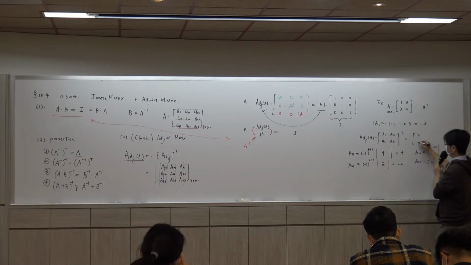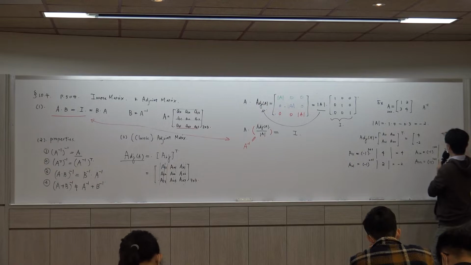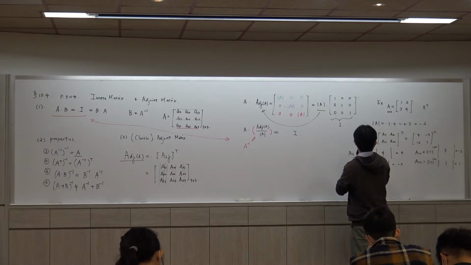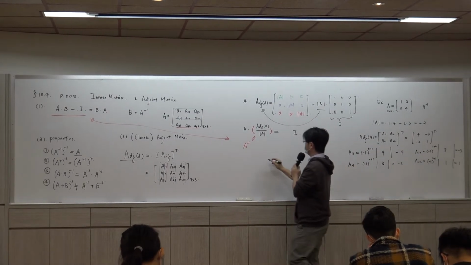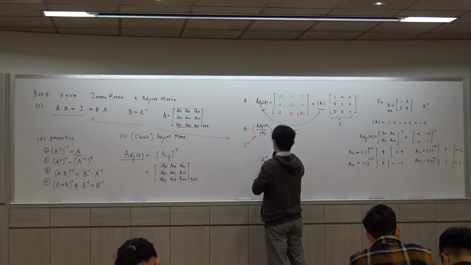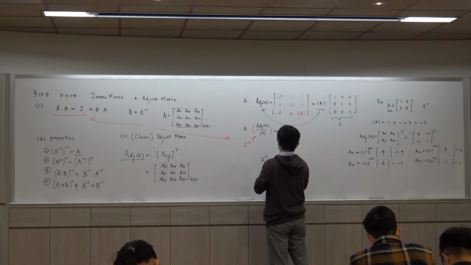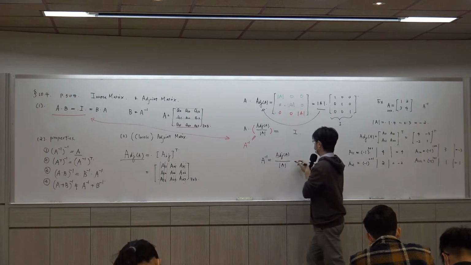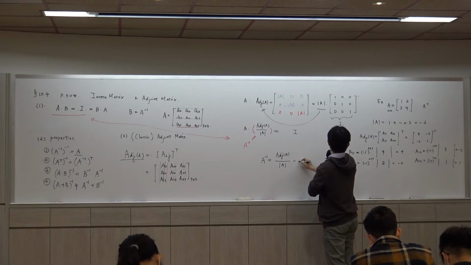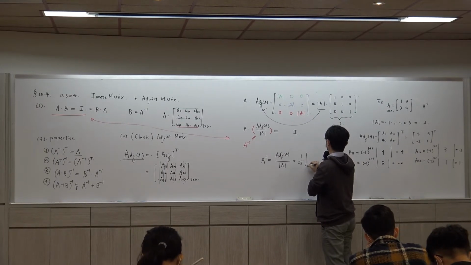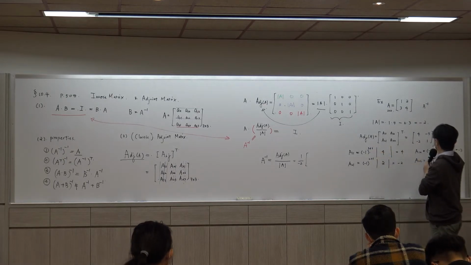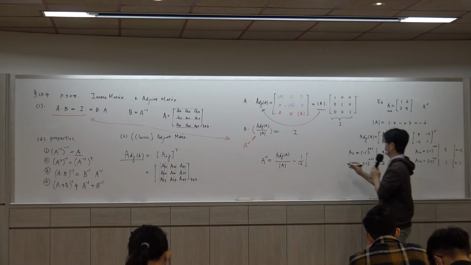Okay. So the inverse matrix would be this. So the adjoint matrix A equals the transpose of the cofactor matrix.